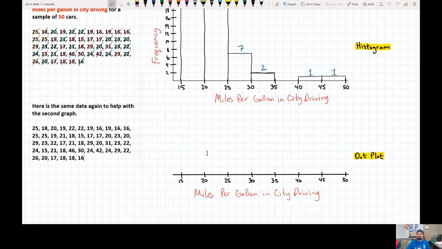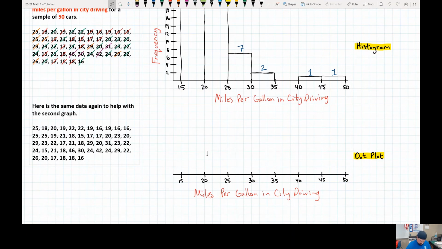We don't just use the values that show up in our data set. We need to account for all possible values because they're all possible. Do we use them all? No, but they need to be accounted for and we cannot skip them. Right? And it is always the correct thing to do to have an even spacing between your hash marks representing the same distance all the way through your graph.